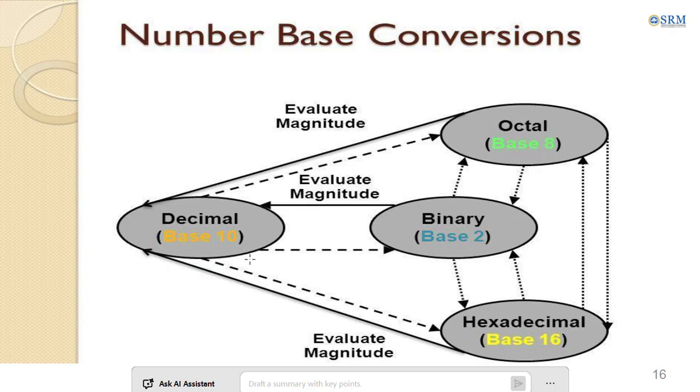Similarly, you can convert from decimal to hexadecimal. There are various methods. We can even directly convert binary to hexadecimal and hexadecimal to binary, binary to octal, octal to binary. Similarly, hexadecimal to octal and octal to hexadecimal by making appropriate groups.